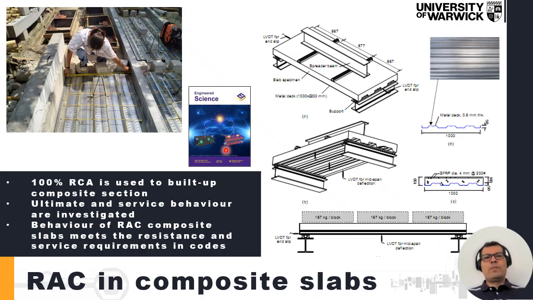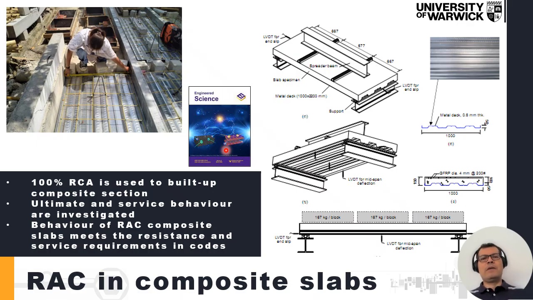I think one of the most promising applications for RAC is actually to use RAC in composite slabs. And this is for different reasons, but one of the main ones is that usually the problems in slabs are not related to the strength, to the resistance of the concrete, but rather to serviceability.